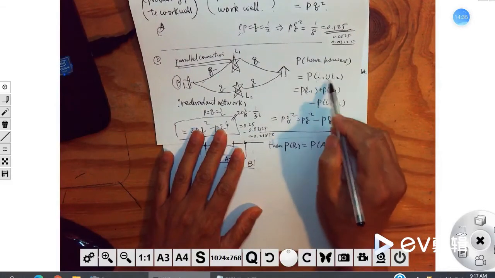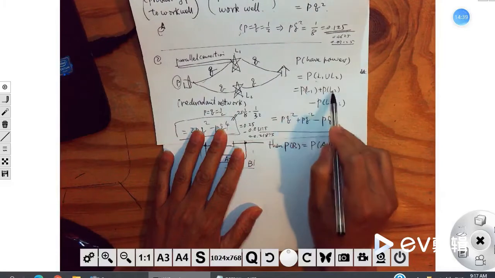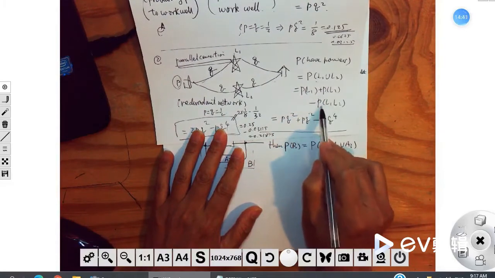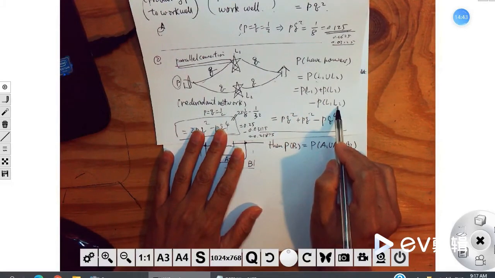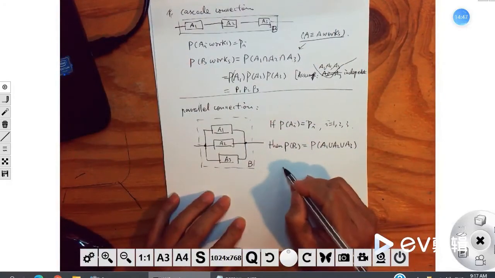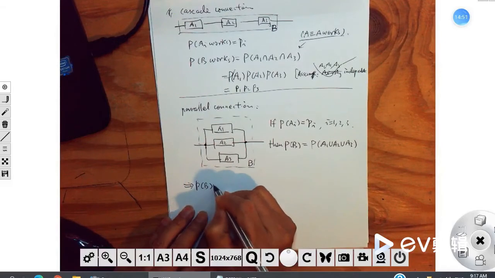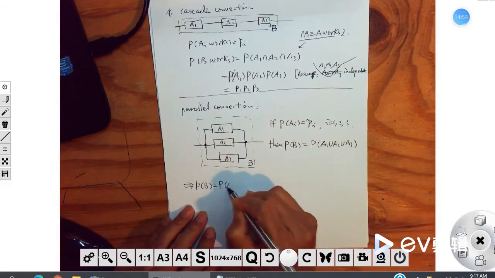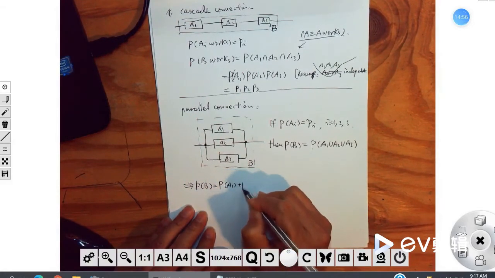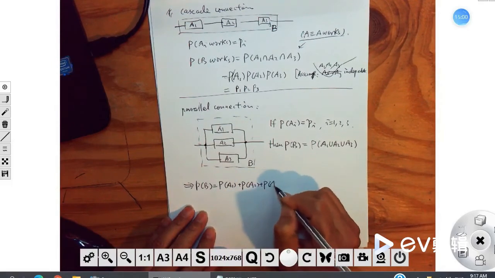We have a formula like this. The union of these two equals, you need to add them together and minus the intersection of it. So here we can calculate this one. Probability of B equals probability of A1 plus probability of A2 plus probability of A3.